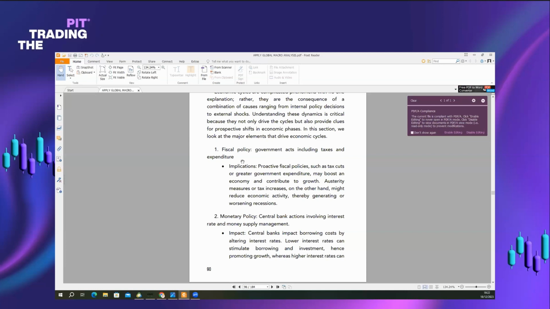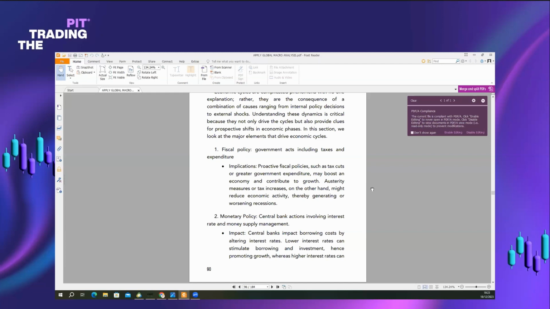Or what happens when it comes to fiscal policy? If they decide to increase taxes, or, like what happened with COVID, they are going to provide stimulus, and they are going to be flexible with taxes because they wish to stimulate the economy.